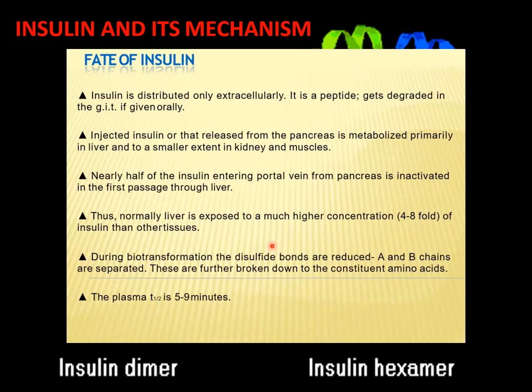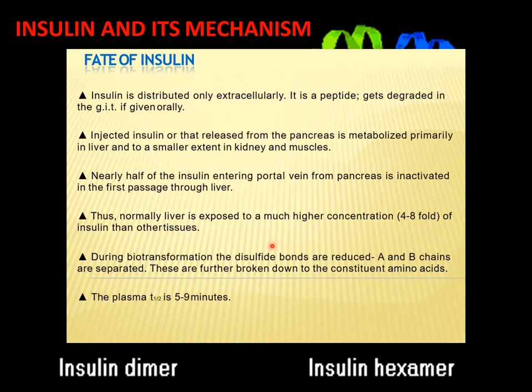Insulin released from the pancreas is metabolized primarily in the liver and to a smaller extent in the kidney and muscle. So there is no way to take an oral dose of insulin. Nearly half of the insulin entering the portal vein from the pancreas is inactivated in the first pass through the liver.